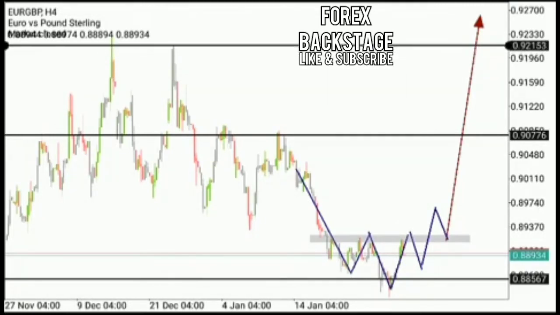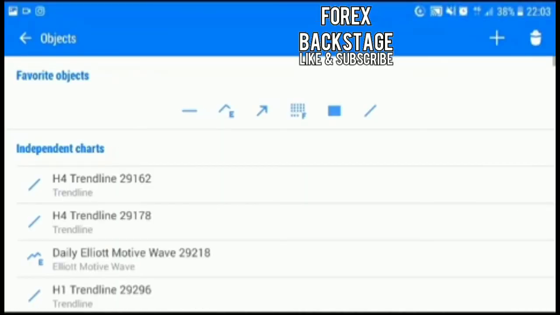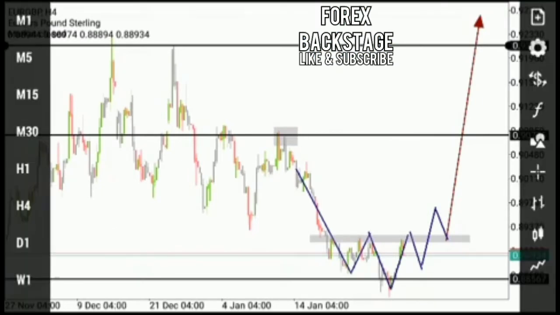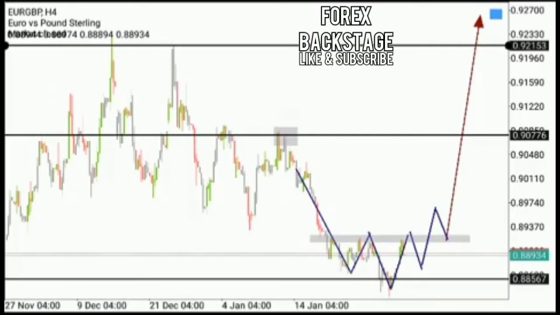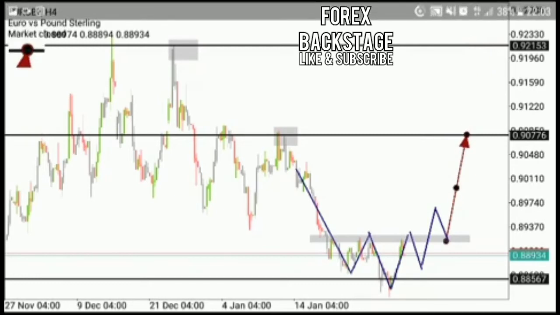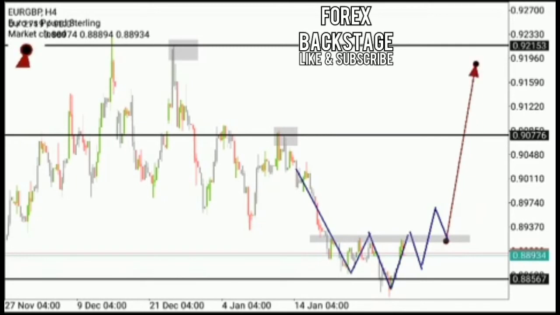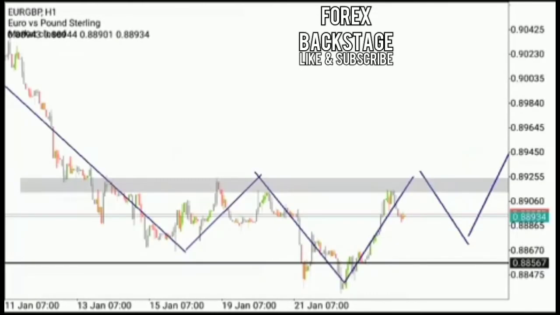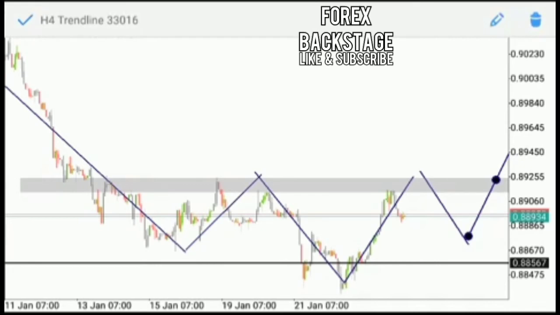We're going to hold until we reach these levels, this one and this one. You see, it's pretty simple. This level and this level, for long term hold.